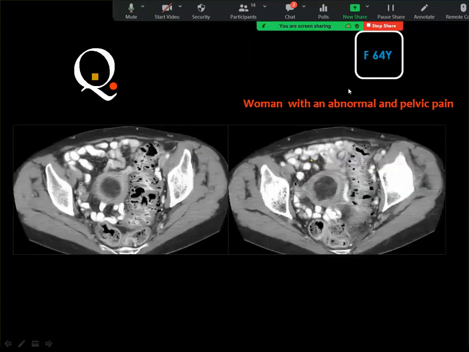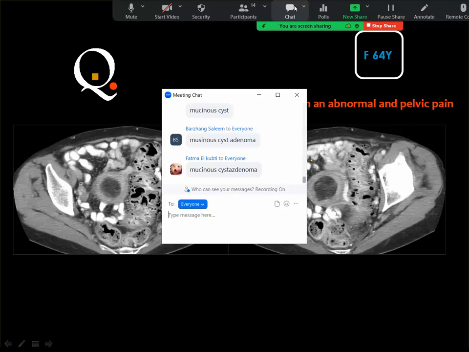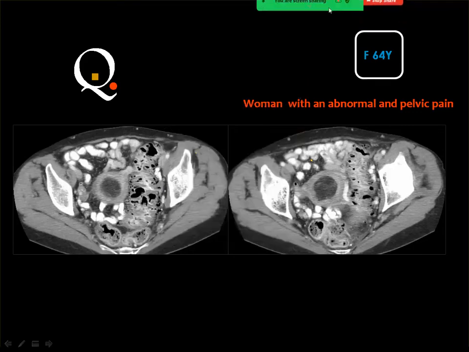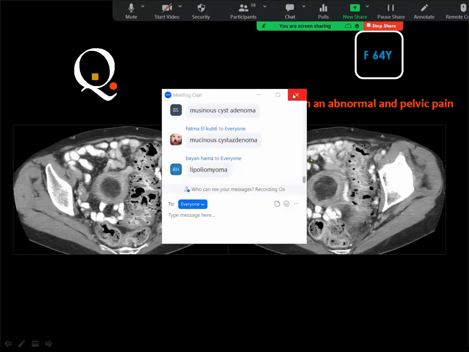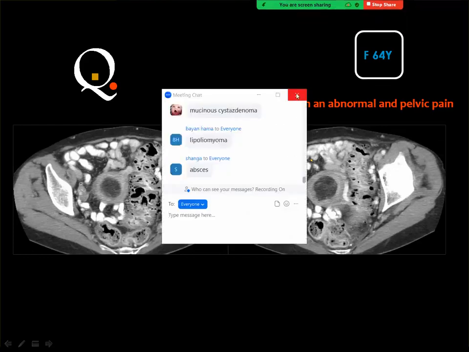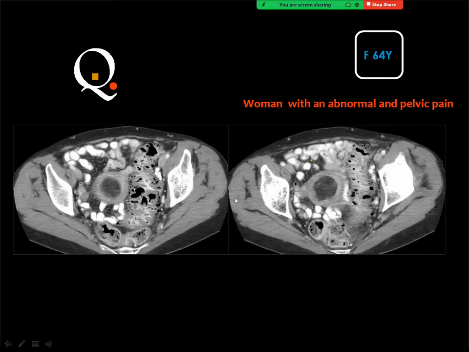Next case is a female patient, 64 years old, with abdominal and pelvic pain. Yes, a very good answer, leiomyoma.